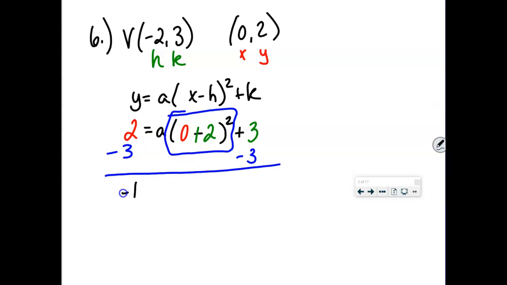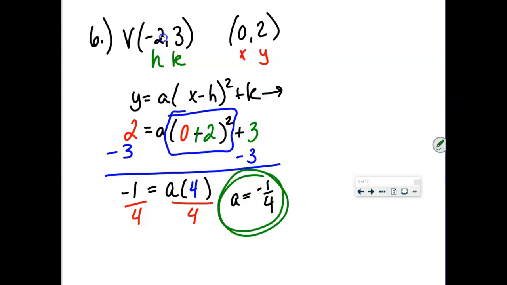So this becomes -1 equals A times, what's really going on here, guys? This is a 2 squared, better known as 4. So now we can solve for A by dividing by a 4. So apparently A is -1/4. So now we go back up to this step. You're going to use the A equals -1/4 clue, and you're going to use your vertex clue, but do not even touch the XY ordered pair anymore.